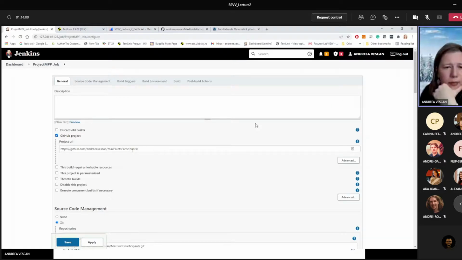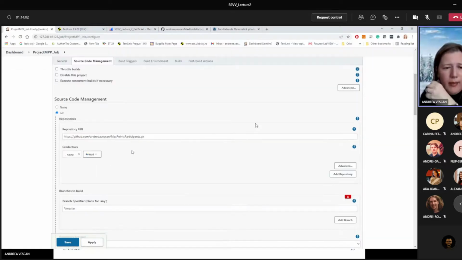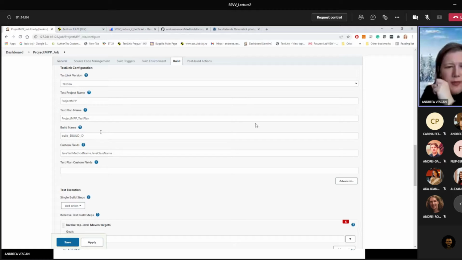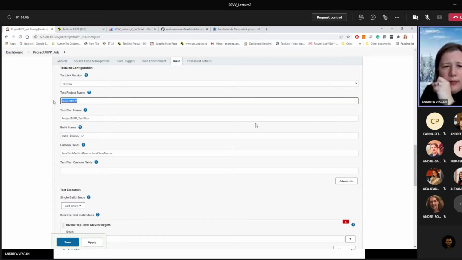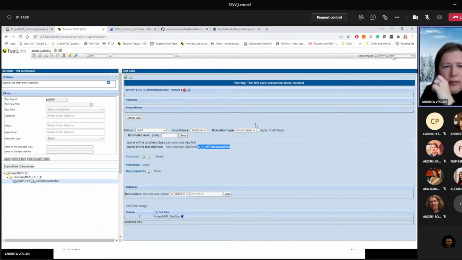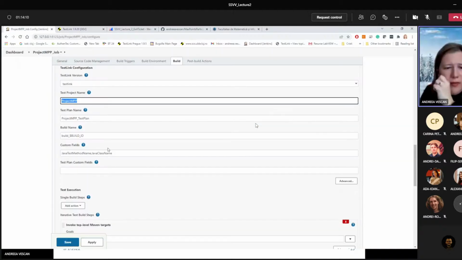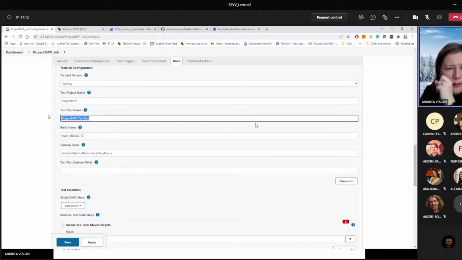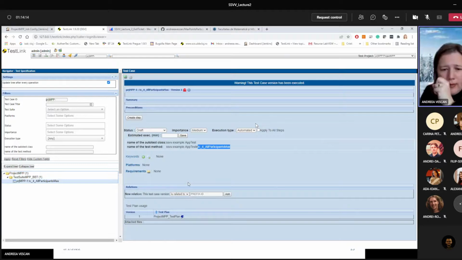This is the max point participants from GitHub, and I also need to specify here the project name, right, that I have here in TestLink, and I also need to specify the test plan. So the test plan was this test plan that I actually added my test case to.